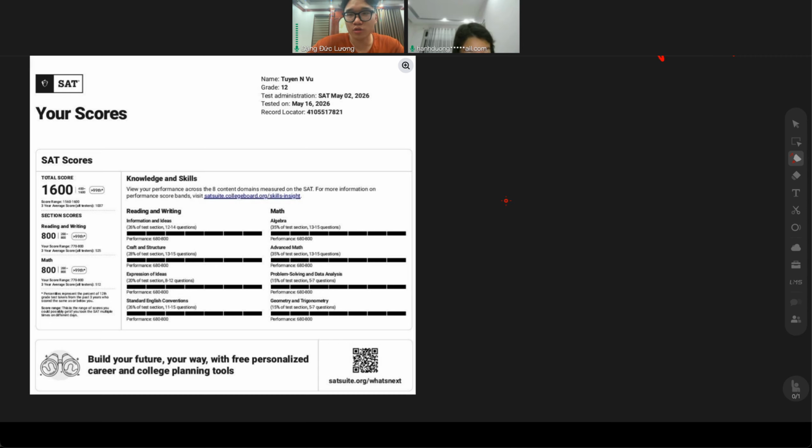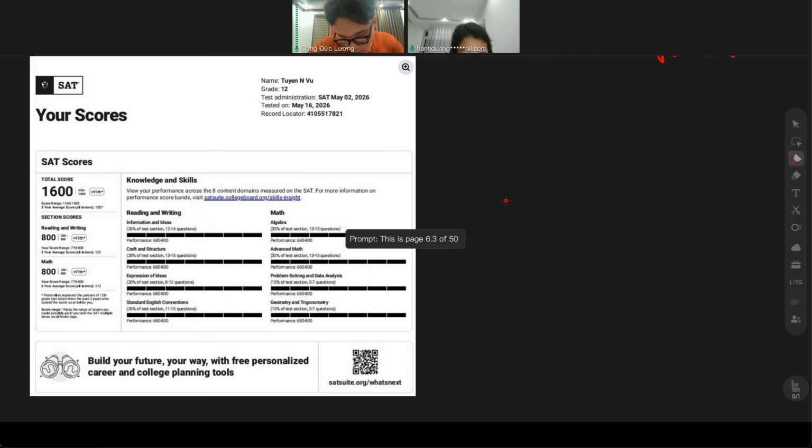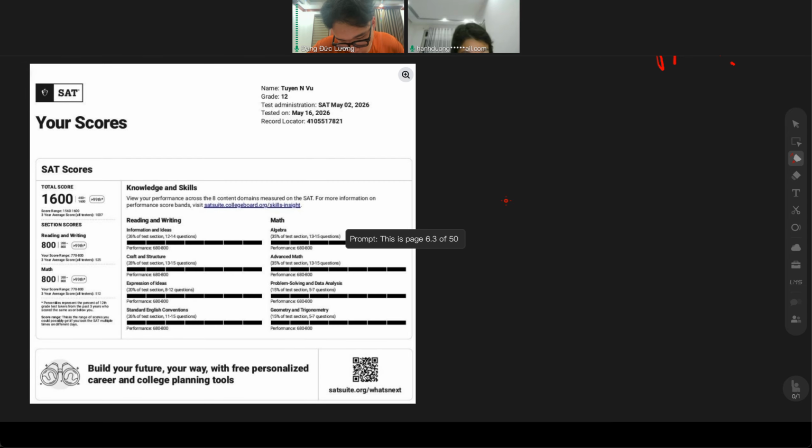When you get your score, you will be given this page, and it has all the information about your performance. Here you can see that this test taker has the perfect score. He's doing very well, perfect.